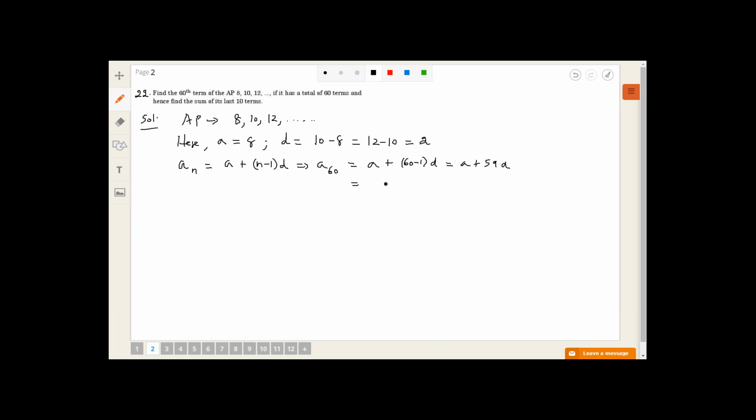Substituting the values of A and D here, we get 8 plus 59 times 2. 59 times 2 will be 118, so the value of the 60th term will be 126. Now they are asking for the sum of its last 10 terms, also the total of 60 terms.